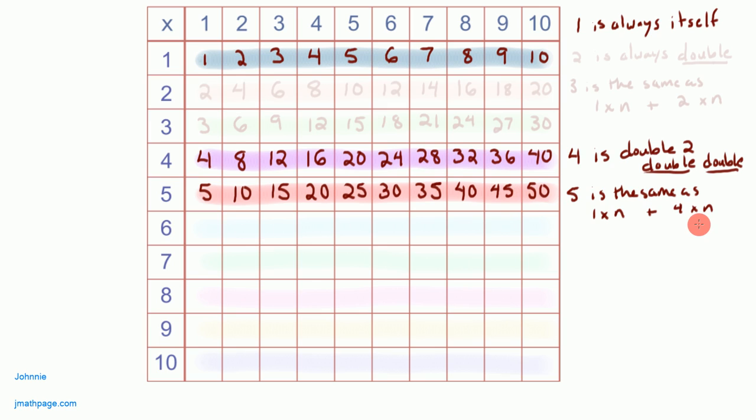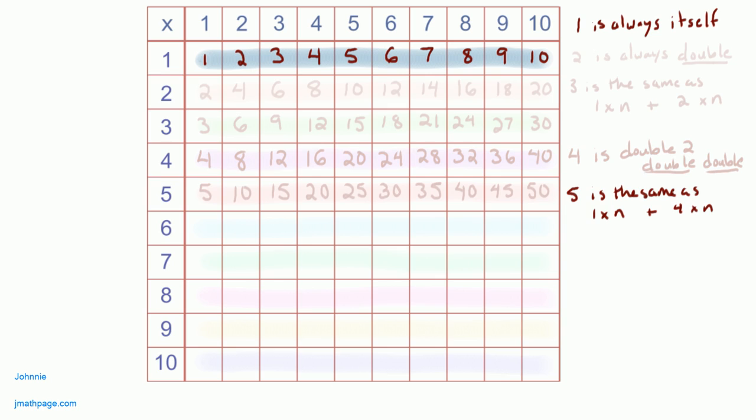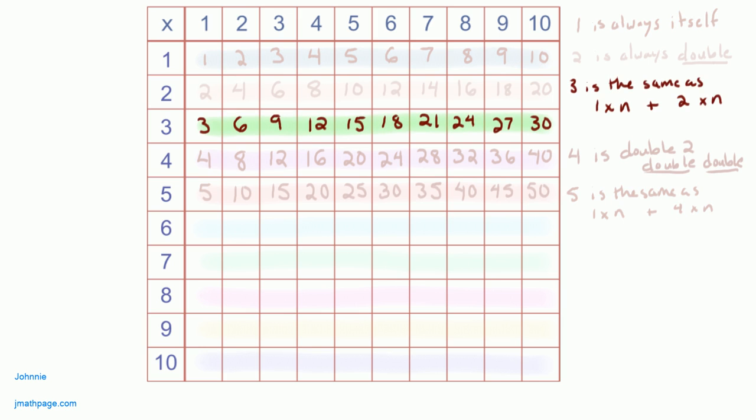Do you have any ideas about a good strategy for that one? Let's put these other ones away for right now. So put the 5s away. We'll put the 4s away. We don't need the 1s for this one either. What do you think we need? I think we need the 3s, don't you?